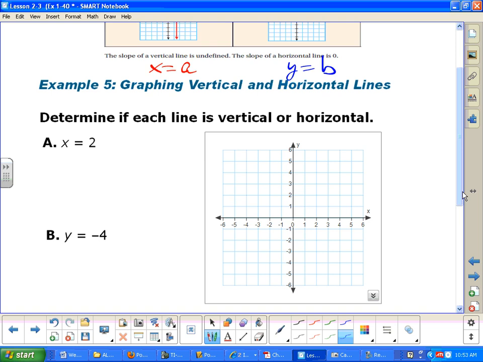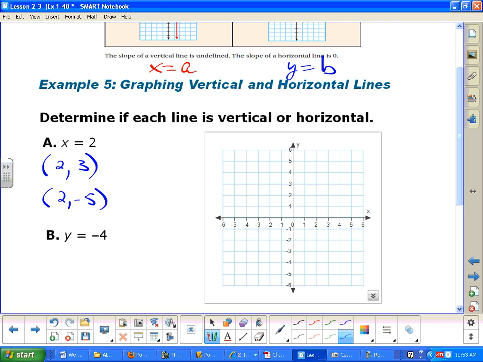Does it matter what the y values are then? No. So if I wanted to plot some points here, I could say I have the point 2, 3. Would that be a spot where x equals 2? And I could plot the point 2, negative 5. Would that be where x equals 2 also? Okay.